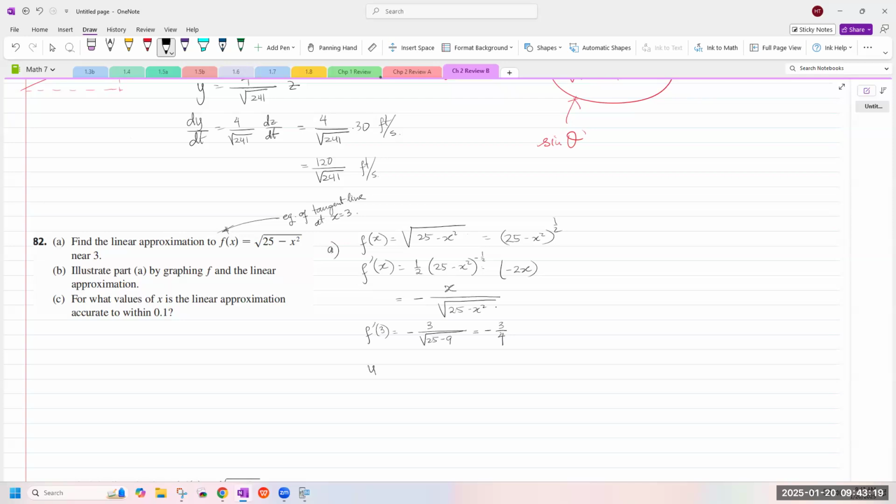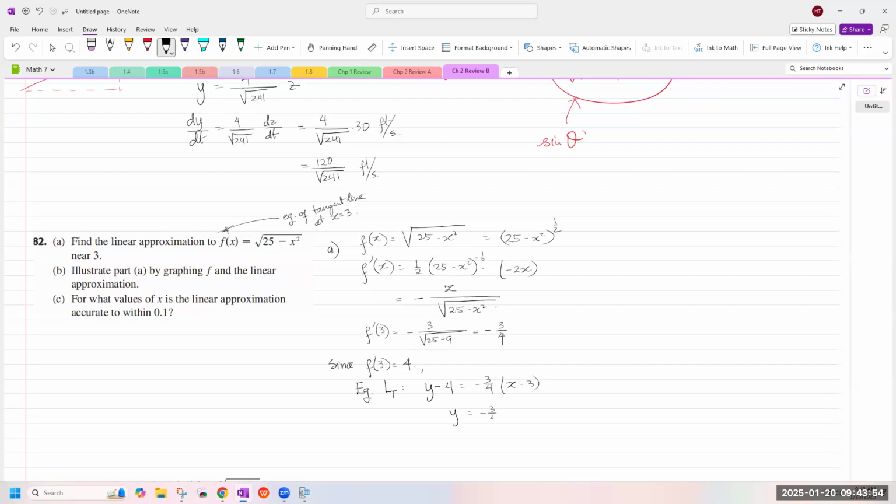You know what, I need to first find f(3) though. f(3) equals 4. Since f(3) equals 4, the equation of the tangent line is given by y minus 4 equals negative 3/4 times (x minus 3).